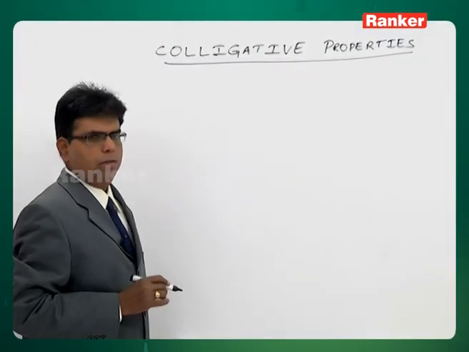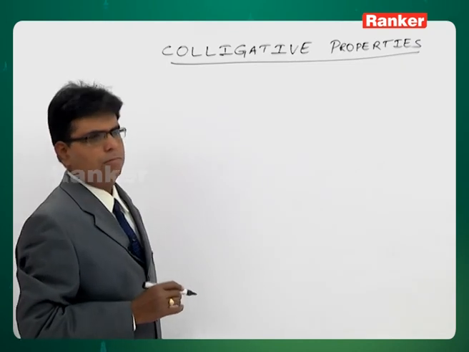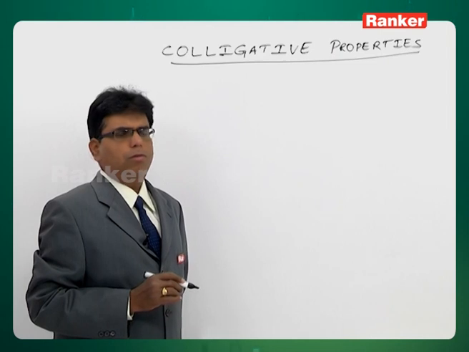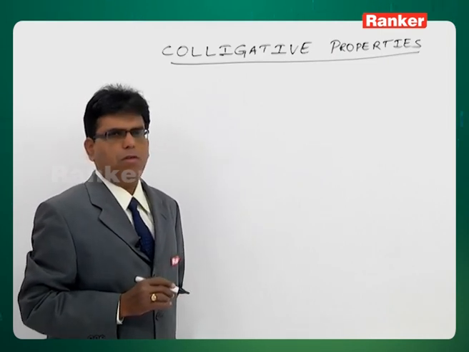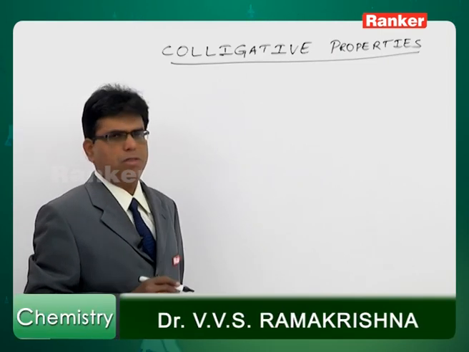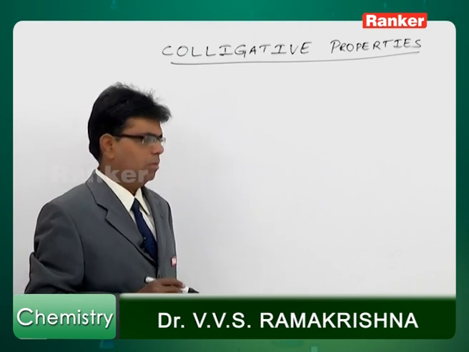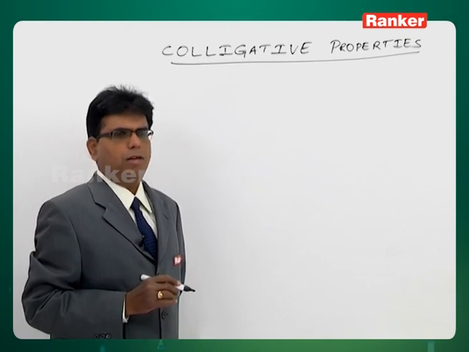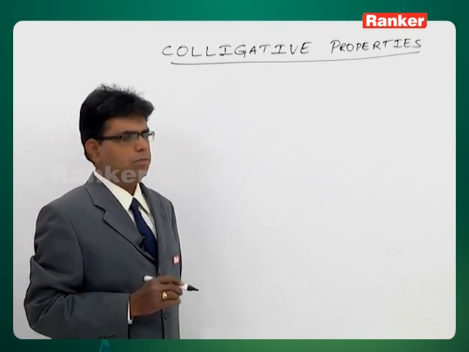Continuing with colligative properties in the liquid solutions chapter, so far we have discussed the concentration terms, the types of solutions, vapor pressure of a solution, and ideal and non-ideal solutions.